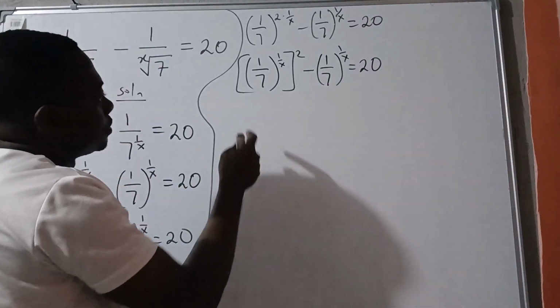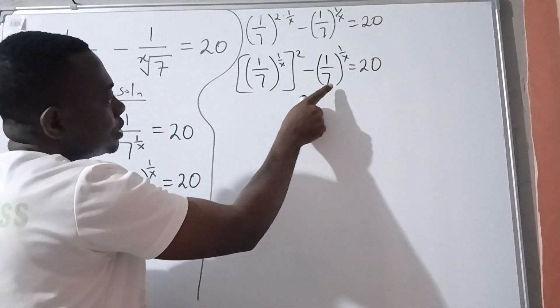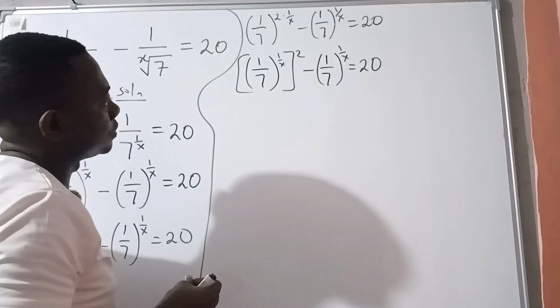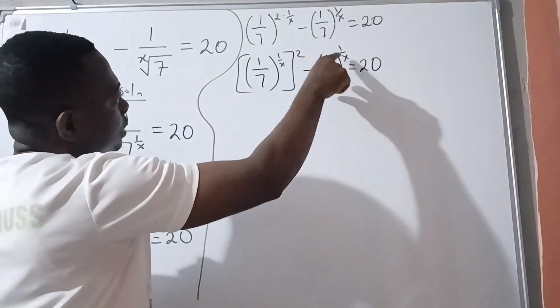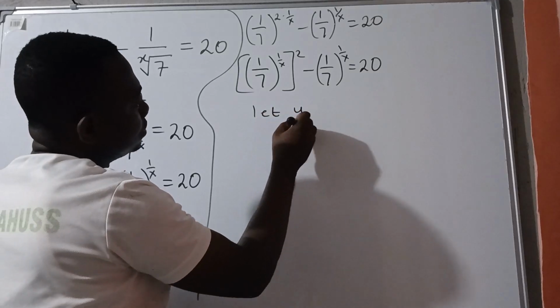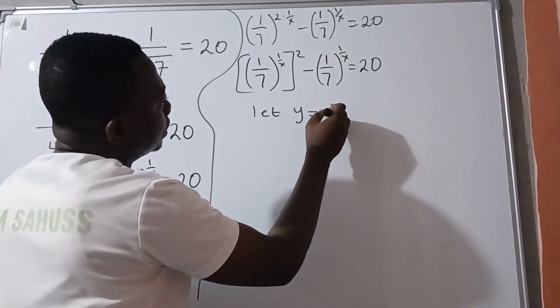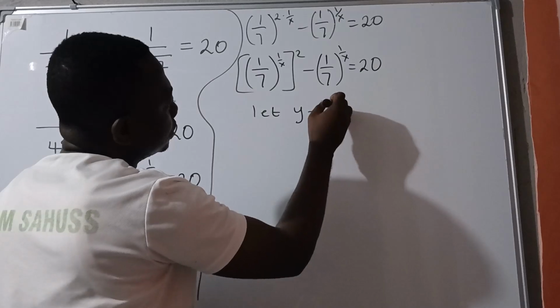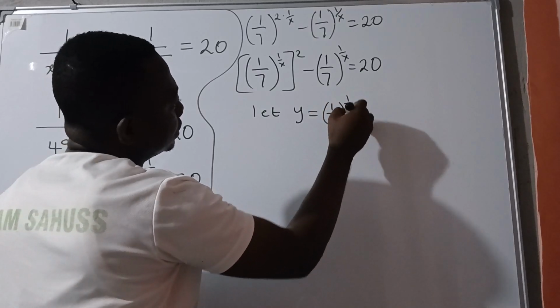So you could see that we have this in common here. So let's take them out. Let y be 1 on 7 raised to 1 on x.